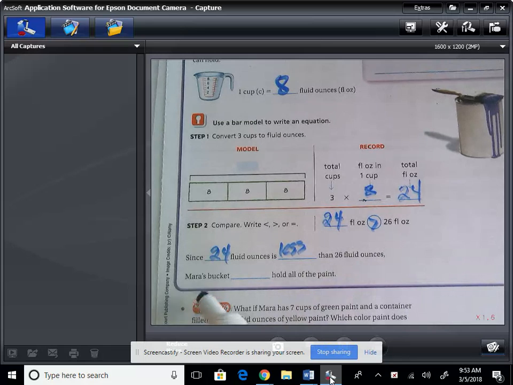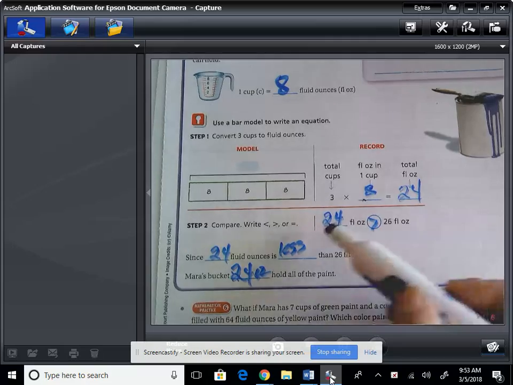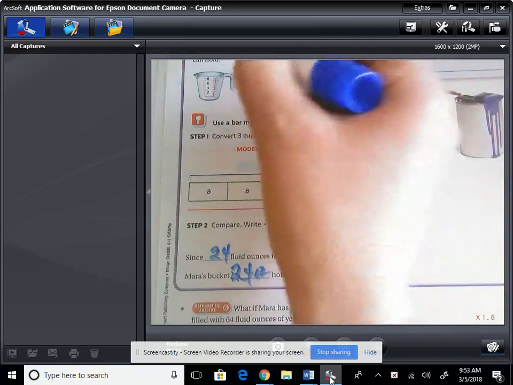Since 24 fluid ounces is less than 26 fluid ounces, Maria's bucket holds all of the paint. Can she hold all of it? Yes, she can hold all of it because 24 is less than 26.